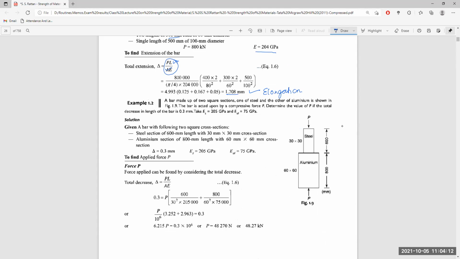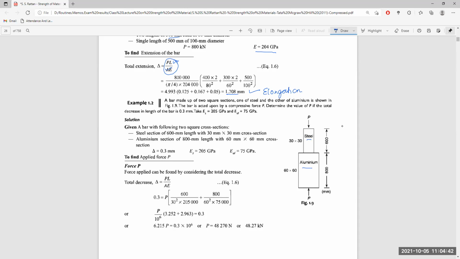The bar is made of two square sections, here there is no round section, one of steel and another of aluminum. This portion is steel, and this portion is aluminum. Now, it is acted upon by a compressive force here. The load is P, it is compressive. The same load is acting at both ends, not different loads, which I told you in the beginning of the class. So P here and P here.